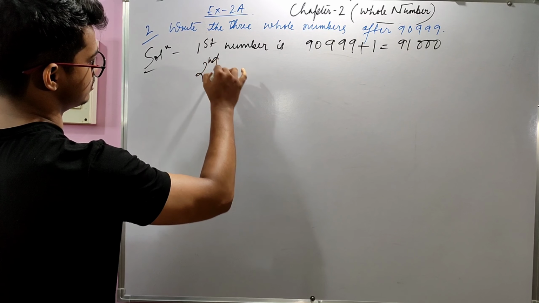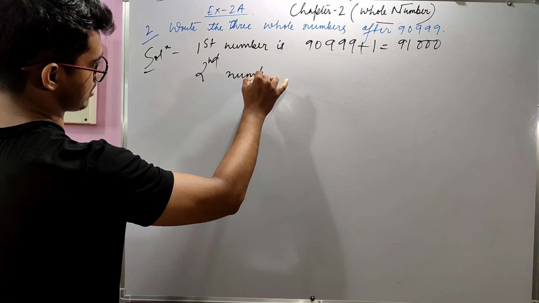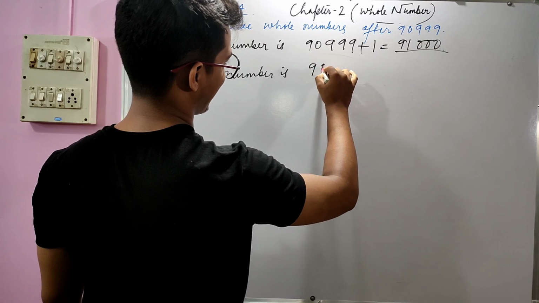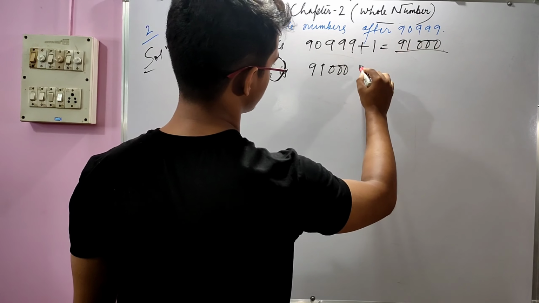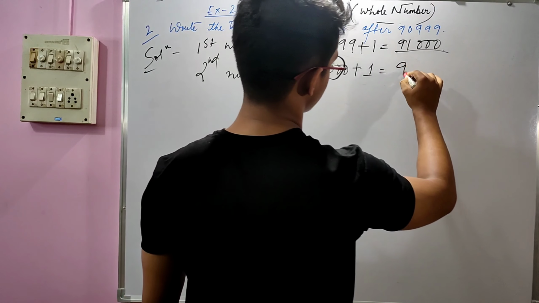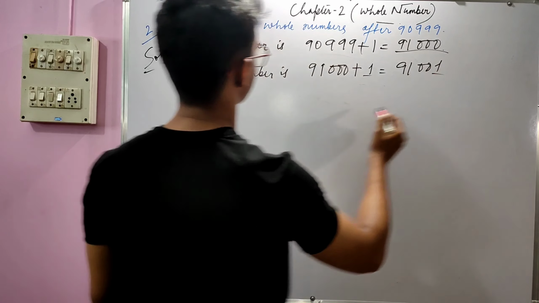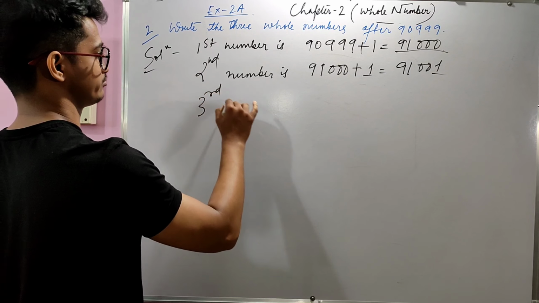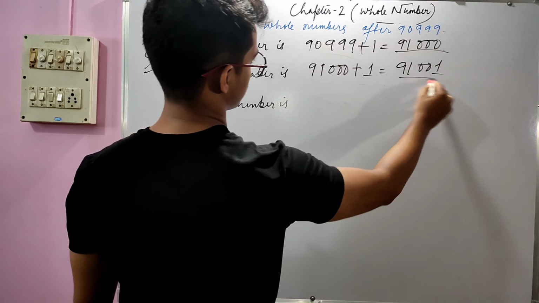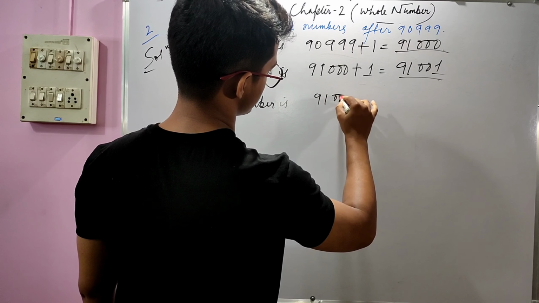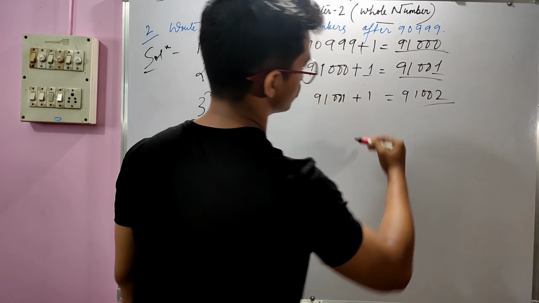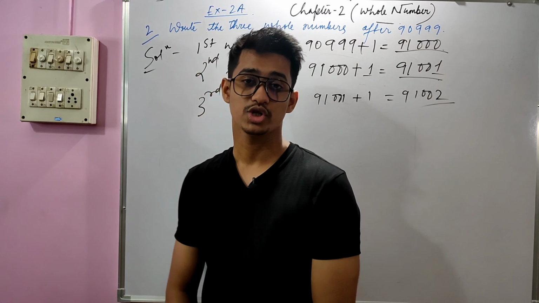The second number is obtained by adding 1 to the number we have just found, so that is basically 91001. And the third number is 91001 plus 1, that is basically 91002. So that is the answer for question number 2.